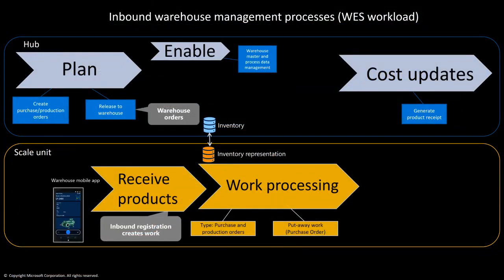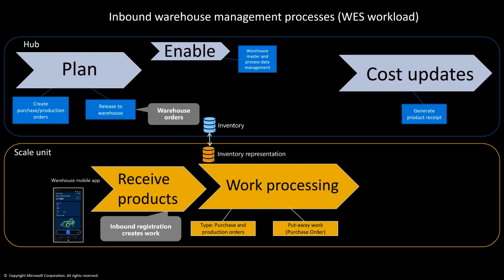So as I mentioned, just like manufacturing execution, enabling these processes and the system configurations and setups are all done on the hub. Orders flow into the hub unit. And then we have, for many of you, this would be a new concept: the concept of releasing to warehouse for inbound to generate these warehouse orders to receive against.